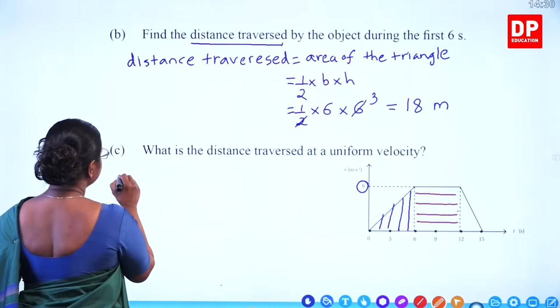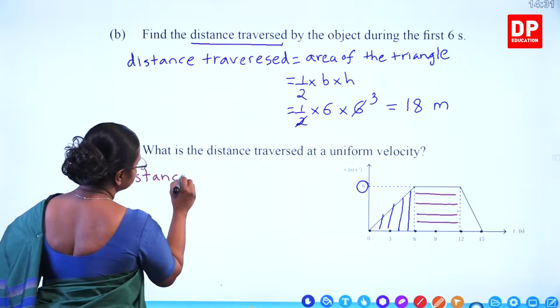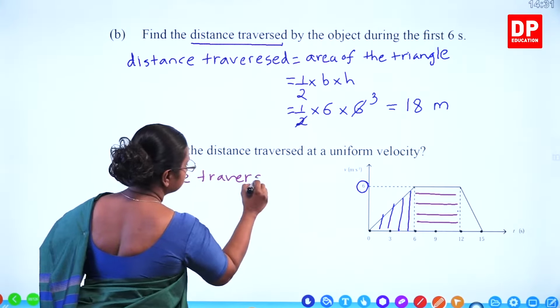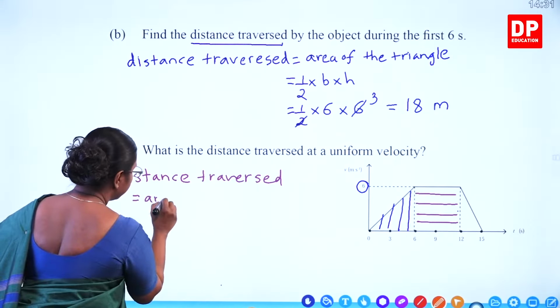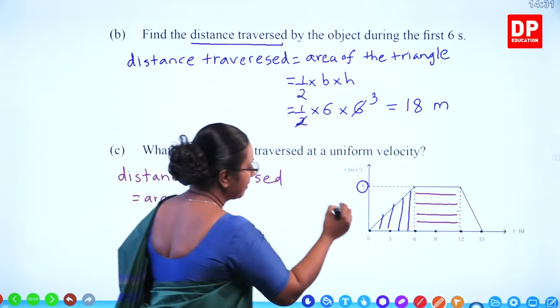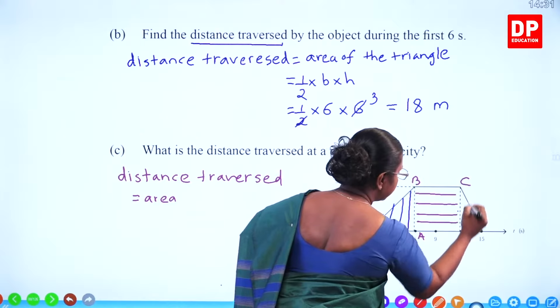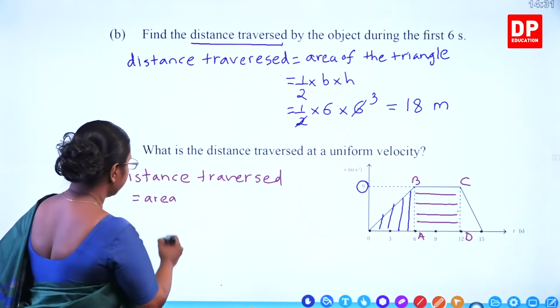So, the distance traversed here will be equal to area, if we mark these points as A, B, C and D, it is actually a square.